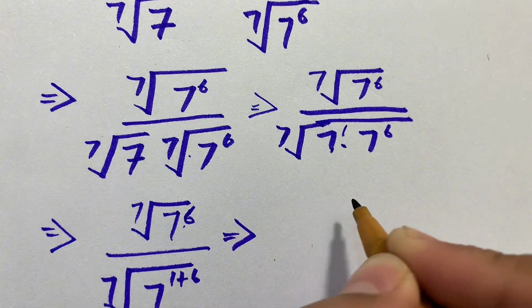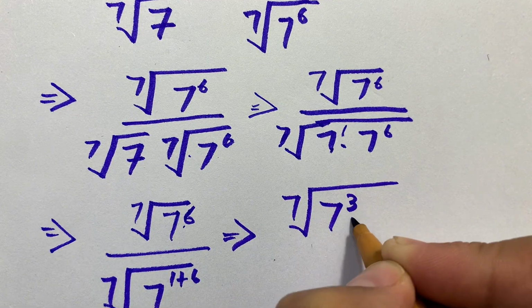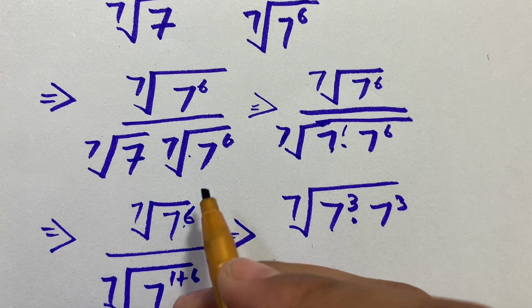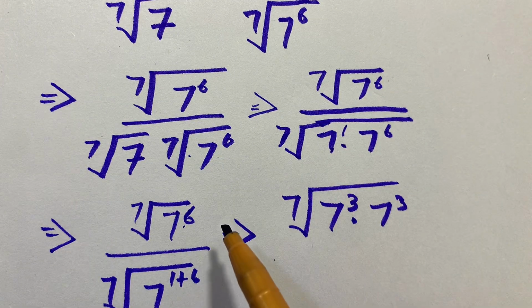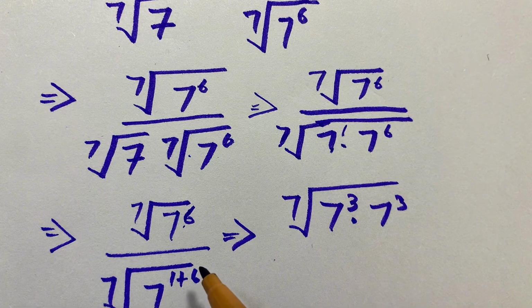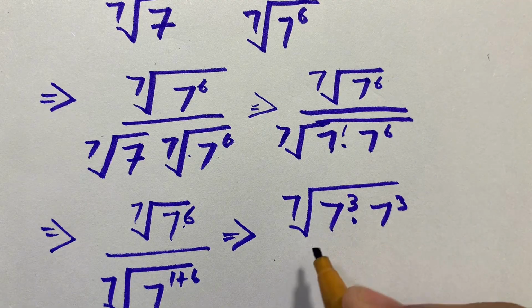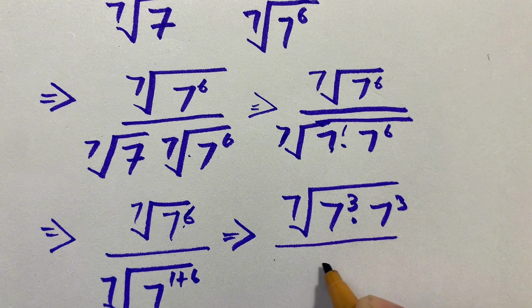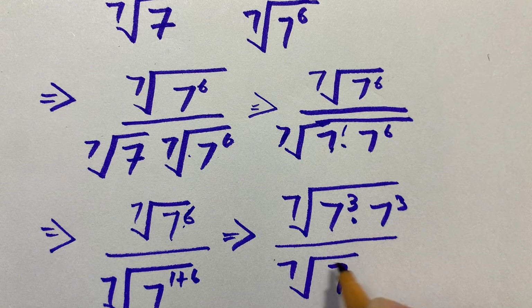That is 7 power 3 into 7 power 3. 6 is equal to 3 plus 3, and also apply this formula. This will be divided by 7 into root 7 power 6 plus 1 is equal to 7.